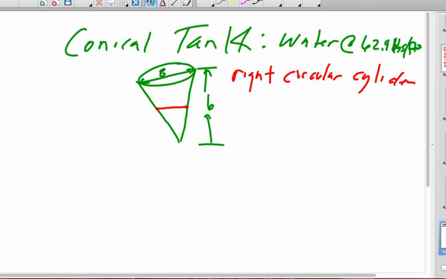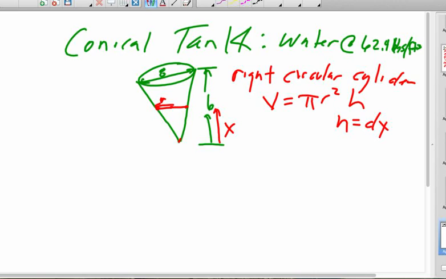And the volume for that is pi r squared h, where this is r. Now, I know r is going to start off at 4 at the top, but it's going to be 0 at the bottom. So this is going to change. My h is going to be my dx, where x is my distance up.